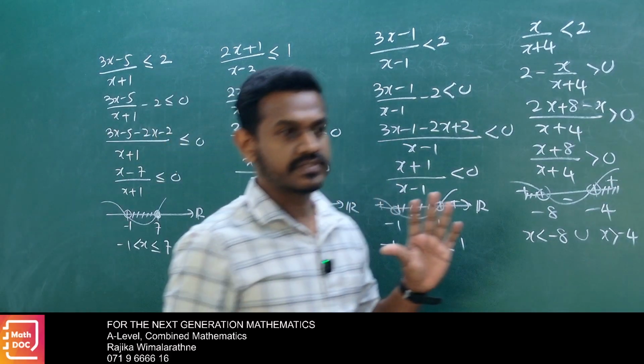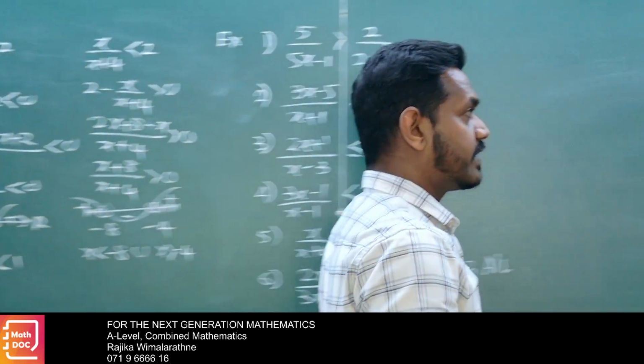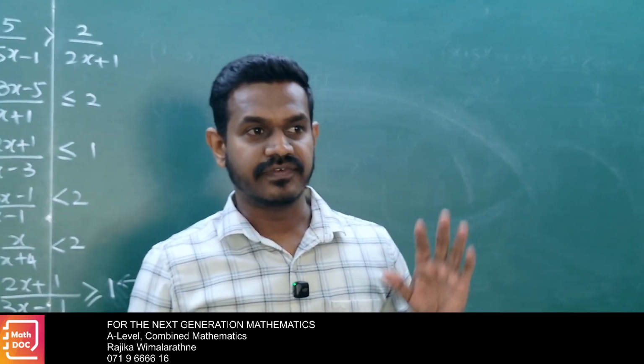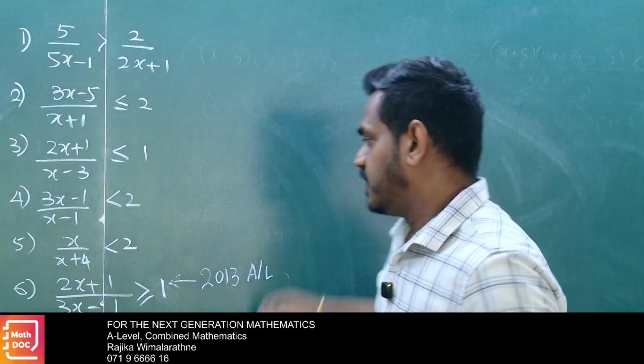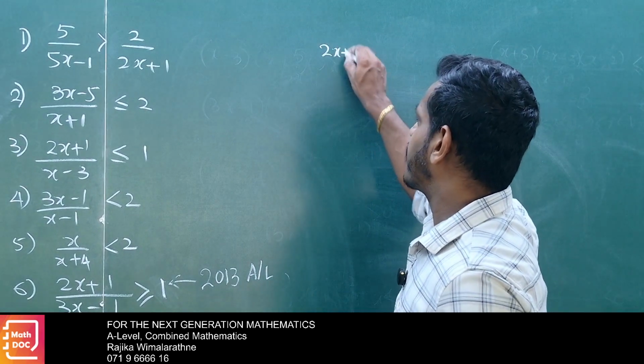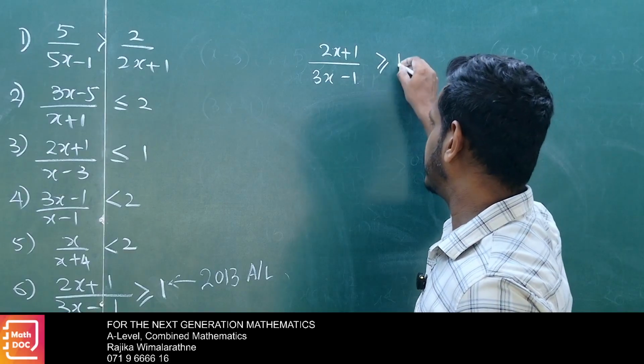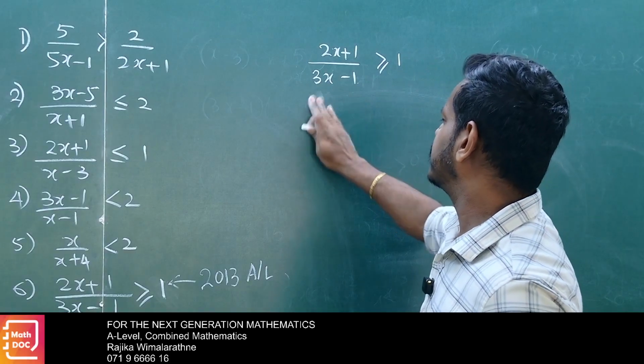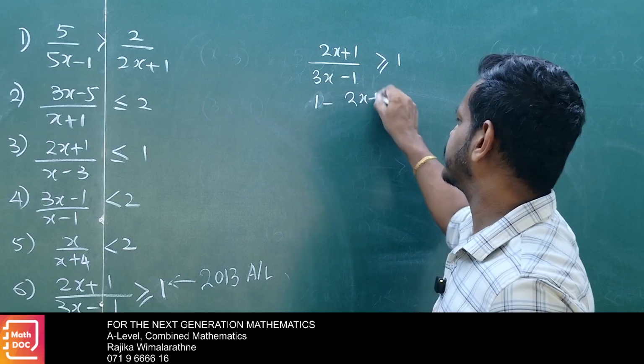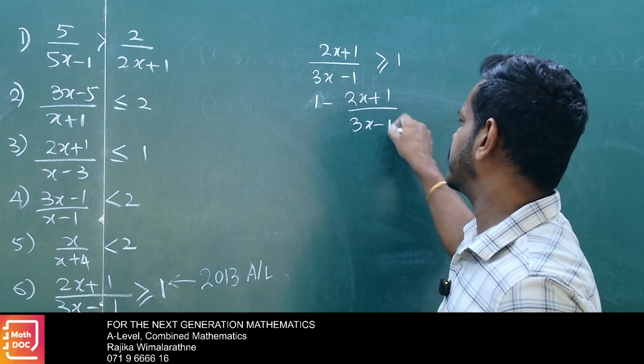Then the last one, a 2013 A-level question. Given (2x plus 1)/(3x minus 1) greater than or equal to 1. Put this on the other side: 1 minus (2x plus 1)/(3x minus 1).